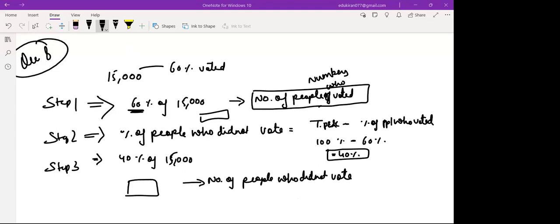Ma'am, in the first step, what did you write in the box? This one, this is the number of people who voted. Okay, ma'am.